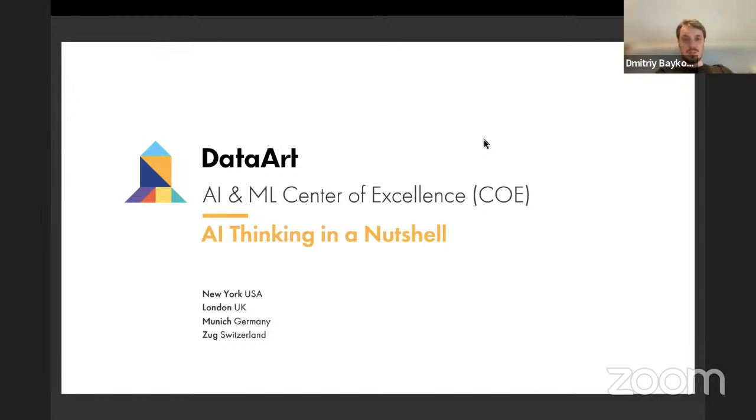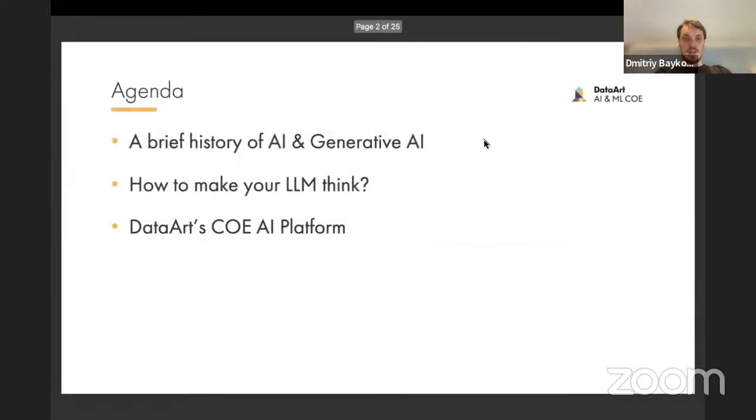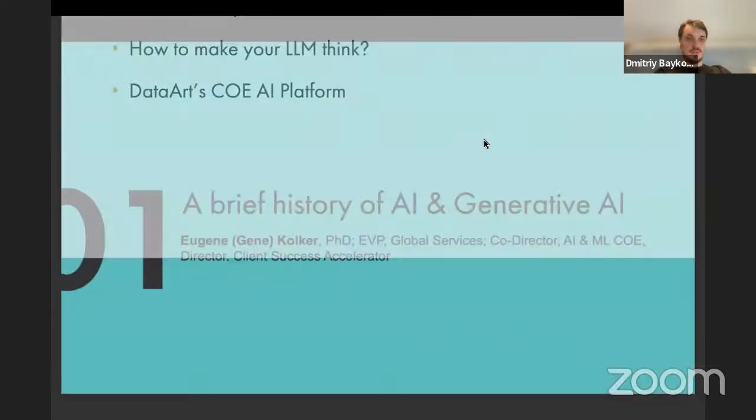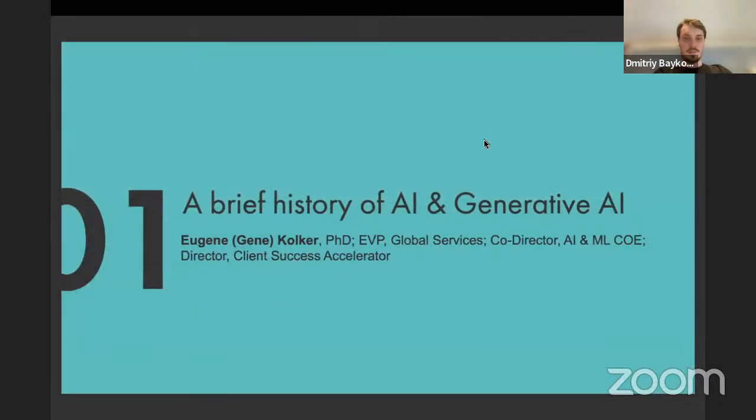And then we'll speak a bit more about how we at DataArt use generative AI, and specifically about DataArt's AI Center of Excellence AI platform. So I'm happy to pass the word to Eugene Kolker to start with the brief history of AI.